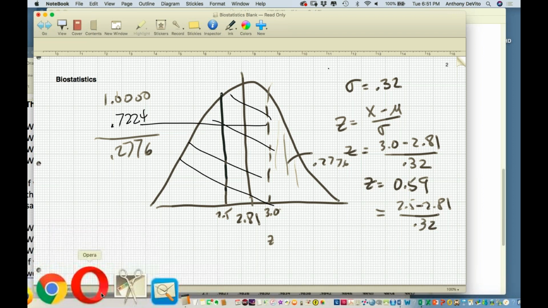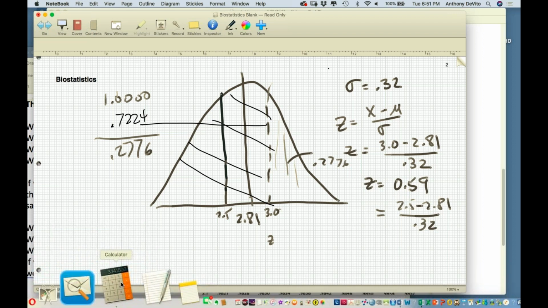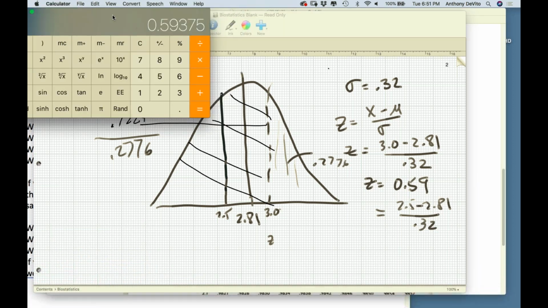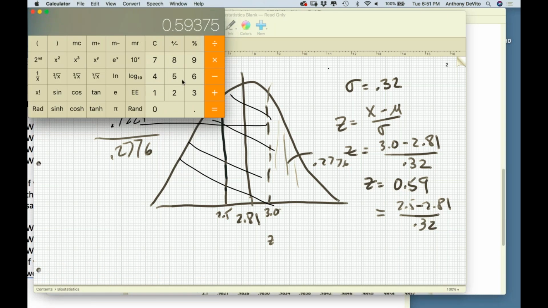Let's see what we wind up getting. I'm hoping you guys are doing this along with me. 2.5 minus 2.81 divided by 0.32.